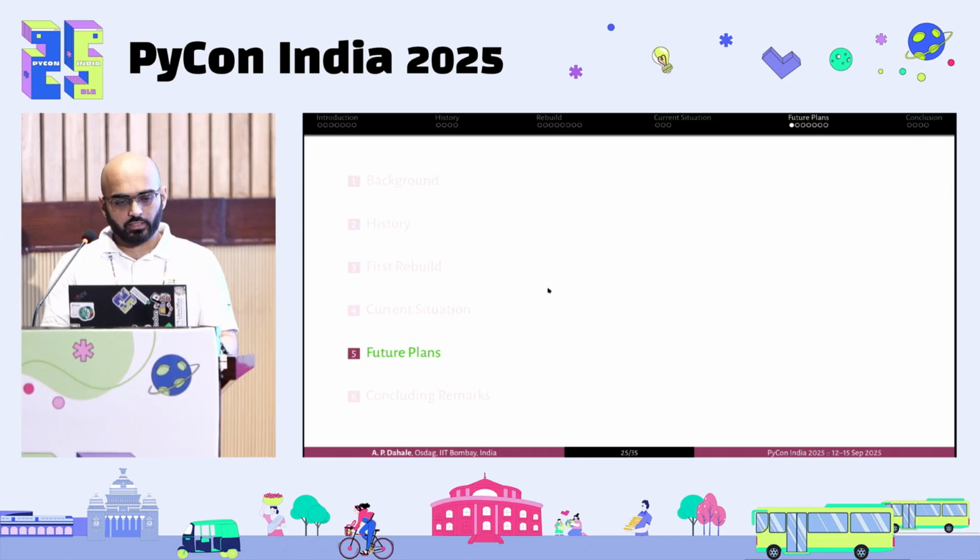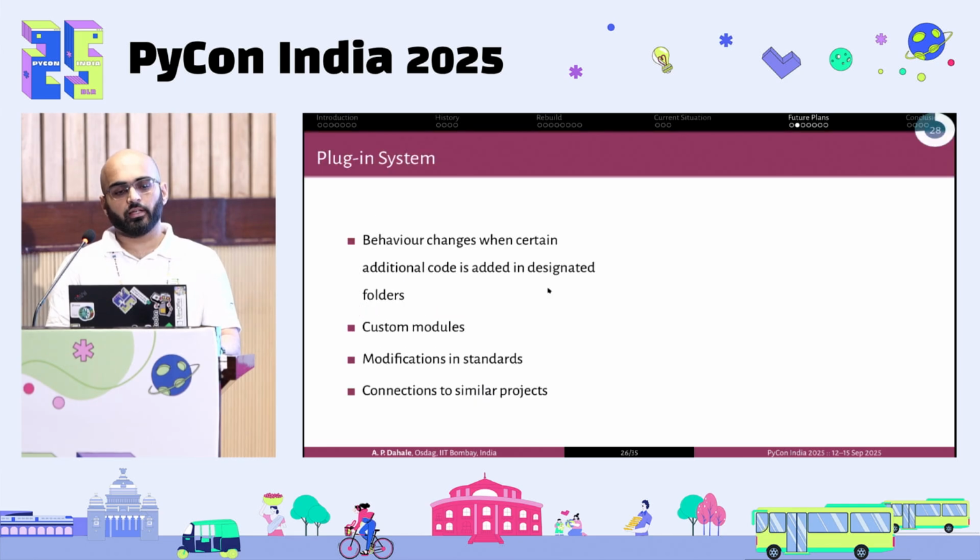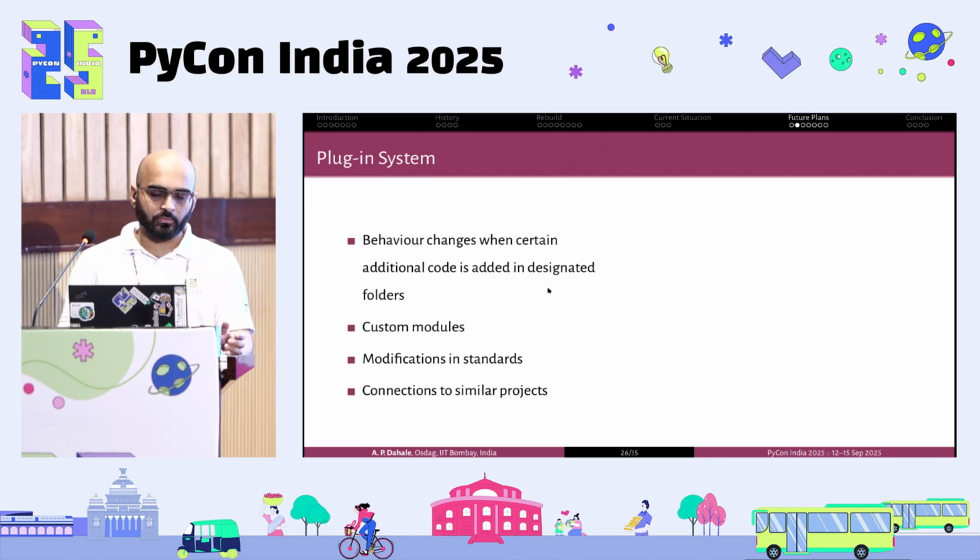Once that is done, there are some more future plans. One, to add a robust plugin system, so that we can add custom modules to Osdag, make standard changes, and connect to some sister projects that we are working on.